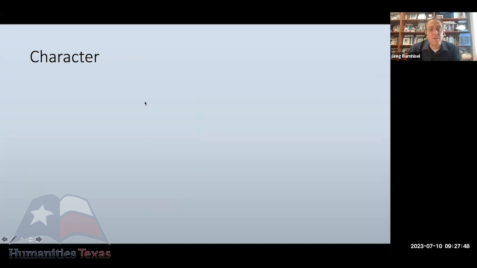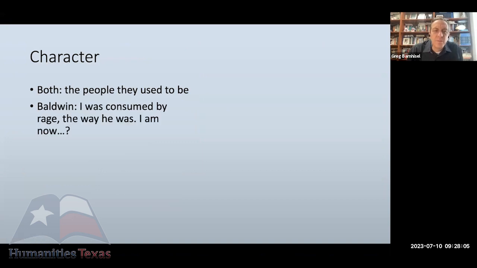Okay, so that's narrator, character. So in both of these essays, the narrator, the author, is talking about the people that they used to be. These essays are about change. So both of them are talking about the people who they used to be.